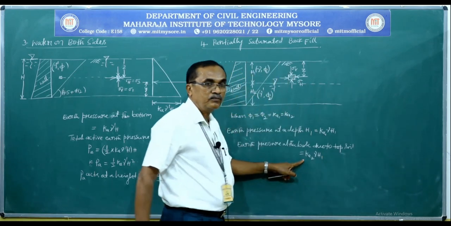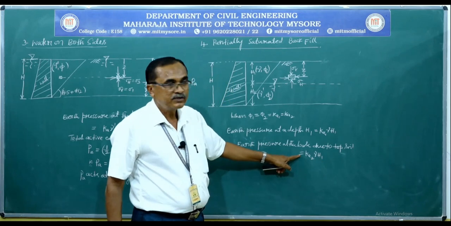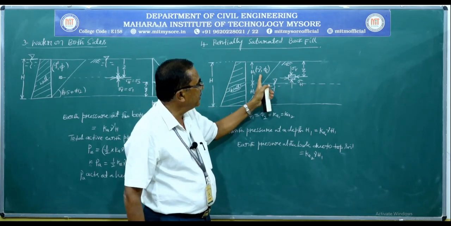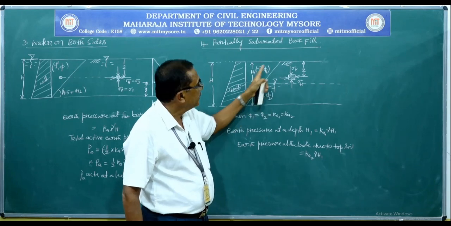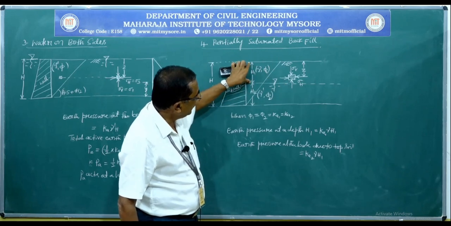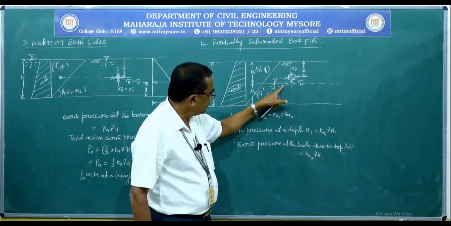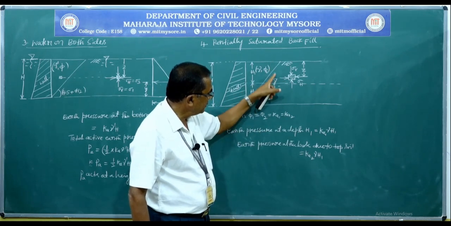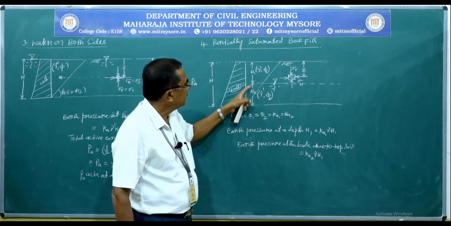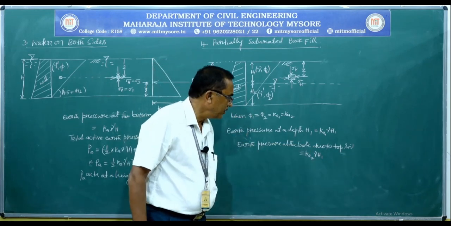This is due to what is called surcharge, pressure due to surcharge. Gamma into H1 is vertical pressure, that multiplied by the coefficient gives the lateral pressure. So this soil above the water table will act as surcharge for the bottom layer that we have considered here. The vertical pressure due to the top soil is gamma H1, that multiplied by Ka2. Ka2 is the coefficient of pressure of the bottom layer. That is equal to Ka2 into gamma into H1.